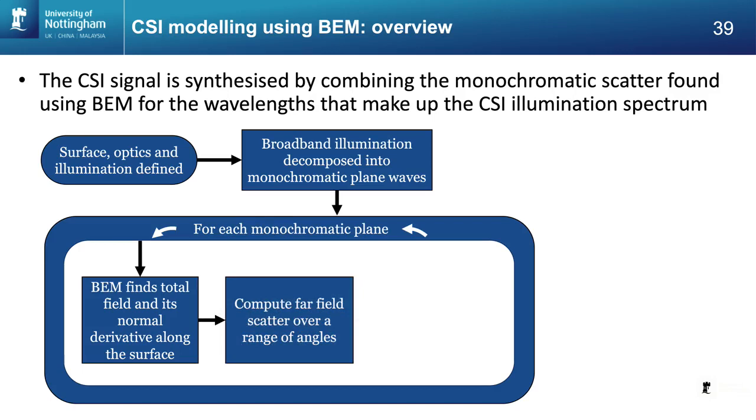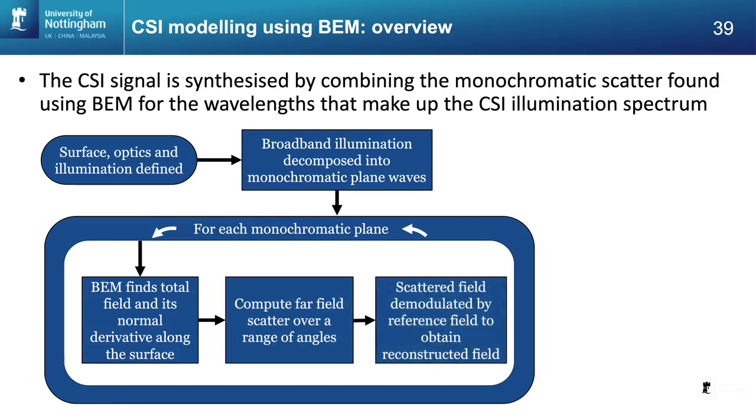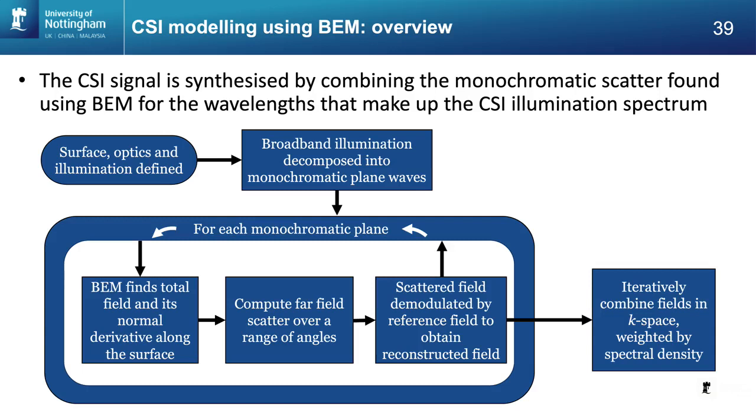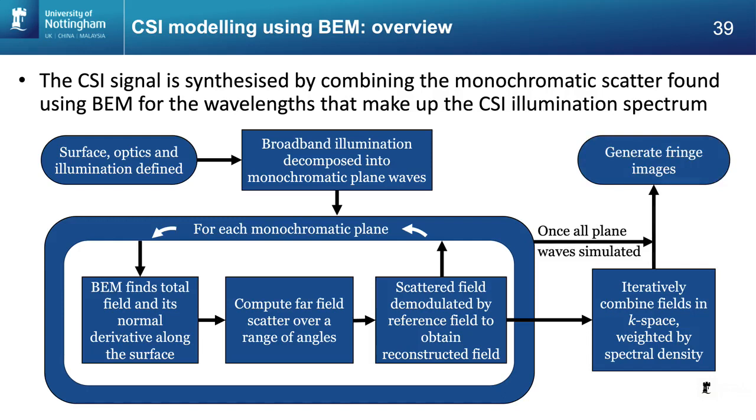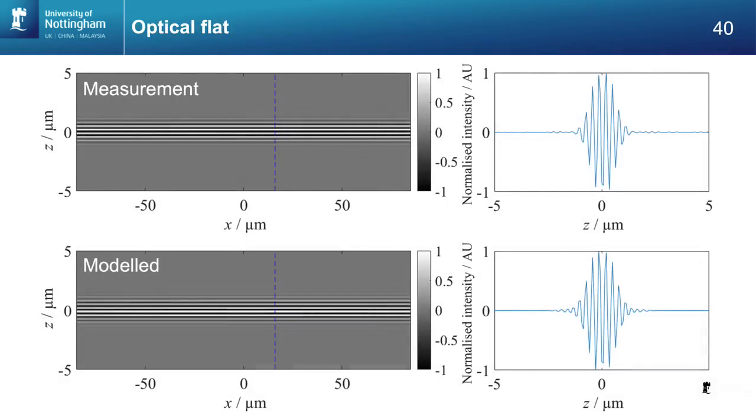Compute the far field scatter over a range of angles. The scatter field is then demodulated with the reference field. This is an interferometer, remember, to obtain the reconstructed field, and we iterate that for each monochromatic plane wave. Then we iteratively combine all of the K-space spectral density and generate the interference fringes. From those fringes we can use many different published techniques to extract the surface topography. So we've done that for a number of surfaces.